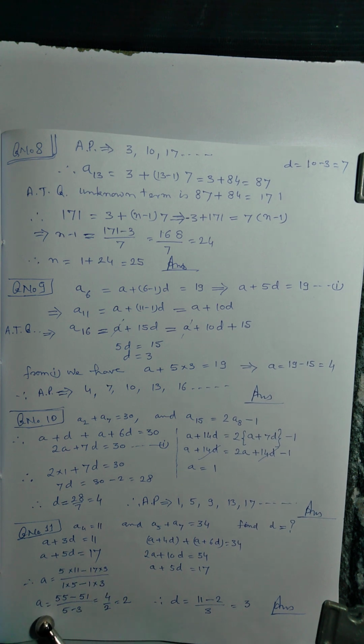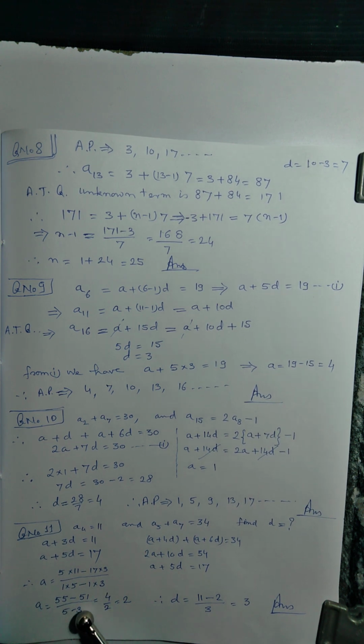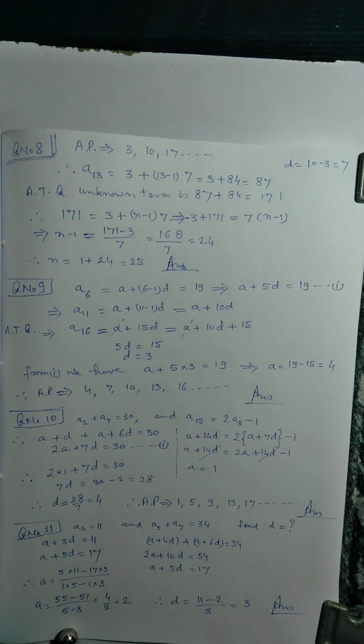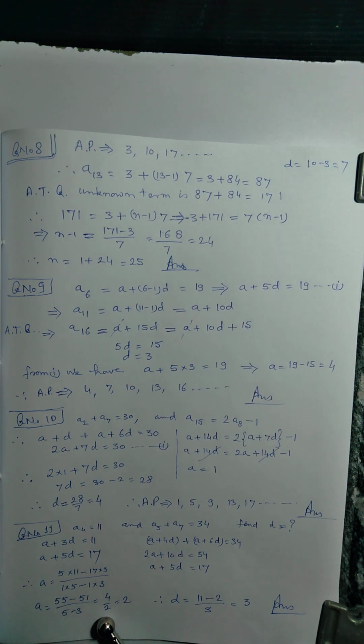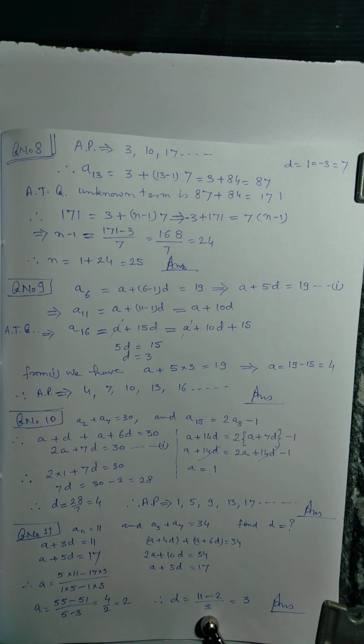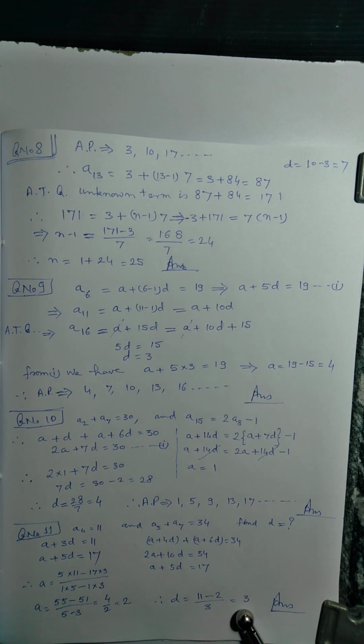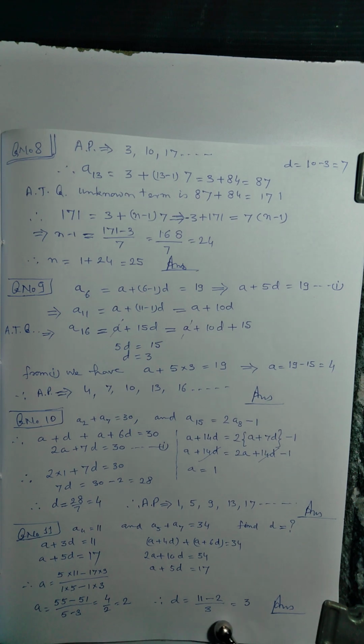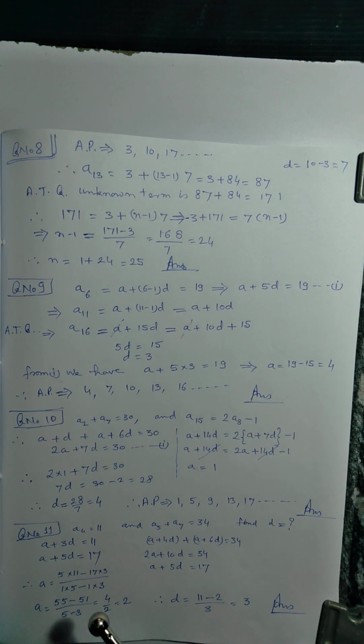Solve it, you will get A is equal to 55 minus 51 upon 5 minus 3. So 4 by 2, that will be equal to 2. Now the common difference is 11 minus 2 divided by 3. Again it will be equal to 3. And this will be your answer of the question number 11.